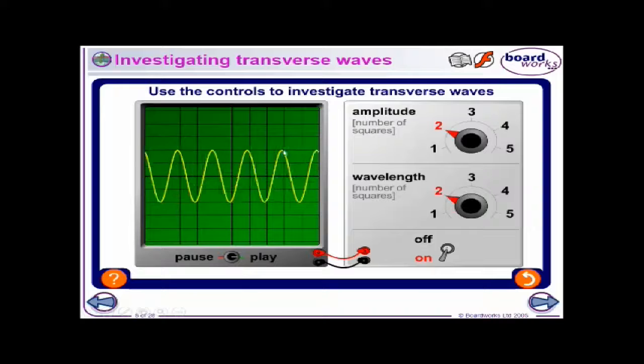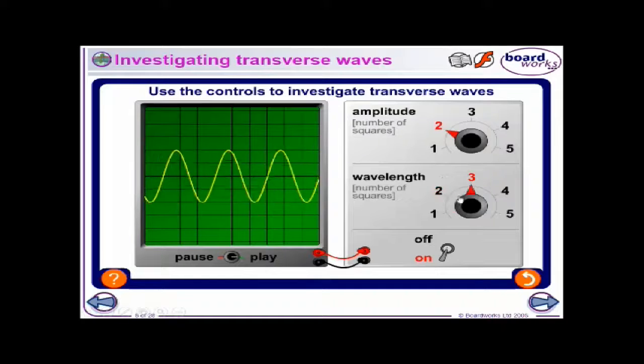2 squares, 3, 4 and 5. Now, the frequency is how many waves are passing a point per second, so if we choose this line as a point, we would time 10 seconds for example, and count how many waves are passing in 10 seconds, and then divide 1 by the number of waves passing per second.